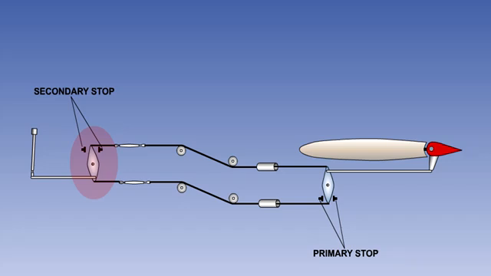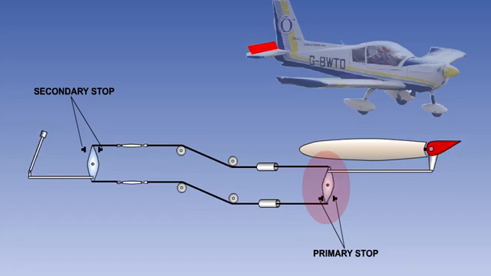A stop which limits the movement of the control column or rudder pedals is known as a secondary stop. When the control surface reaches the primary stop, there will be a small clearance at the secondary stop. If the pilot should apply excessive force to the controls, the secondary stops will prevent him from damaging the control linkages.